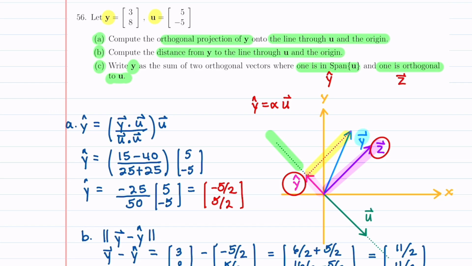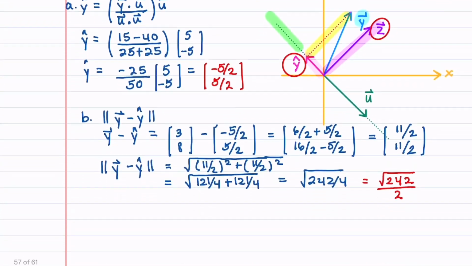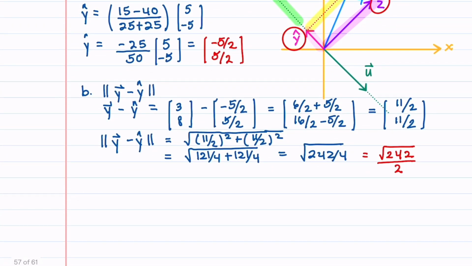And we can see from our picture that vector z is equal to y minus y hat. We'll go back down here now and let's put part C down. So part C, we're going to write vector y as a vector in the span of u, so that's y hat, plus a vector orthogonal to u, which is our vector z.